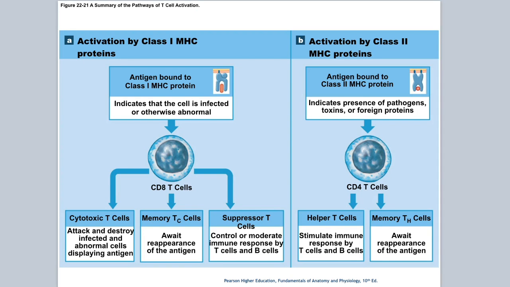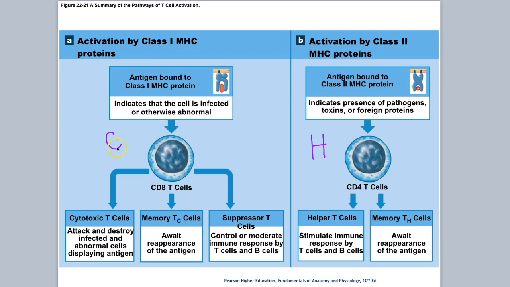Okay, so this is a little summary that we've got here. I just want to outline this for you. Here we have our CD8 cells. Here we have our CD4 cells. These are the helper T cells, and these are the cytotoxic T cells over here.